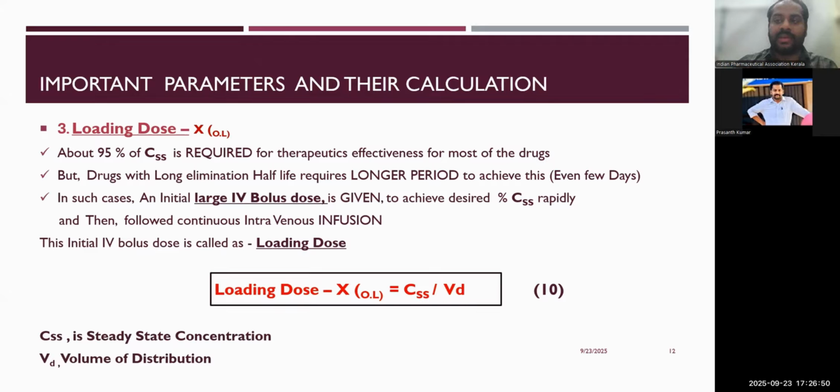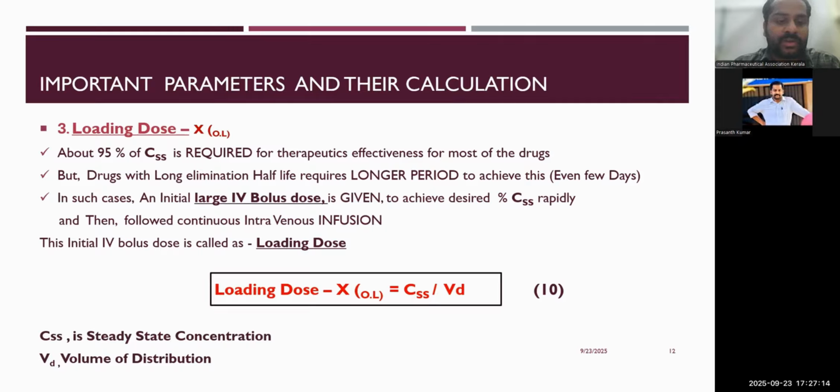And then to maintain this CSS, you have to give a continuous intravenous infusion. So loading dose is a large IV bolus dose that is given to achieve the steady state quickly in some cases.